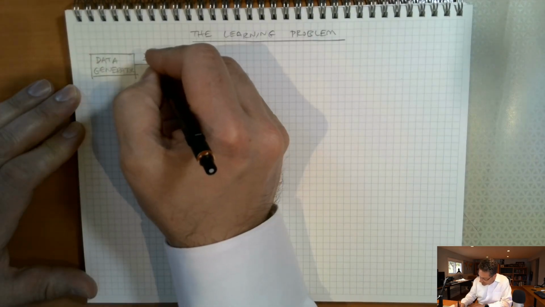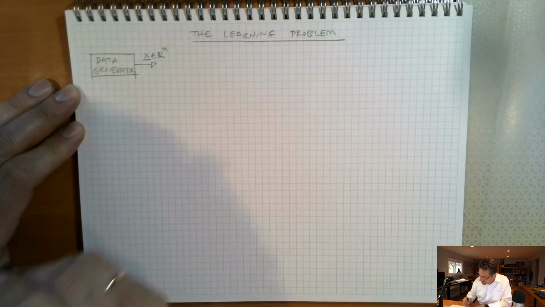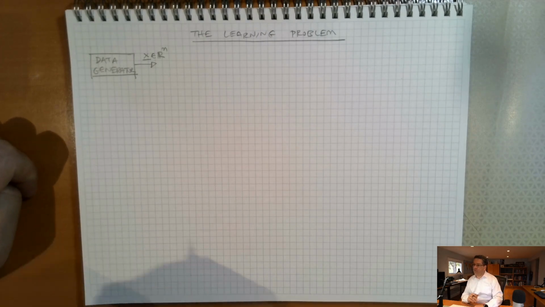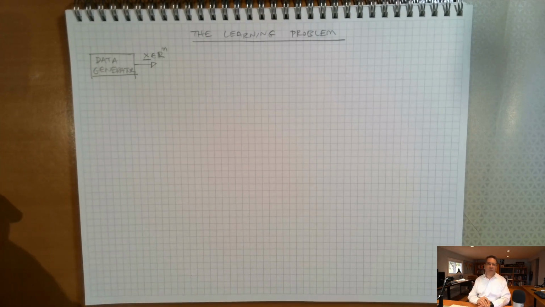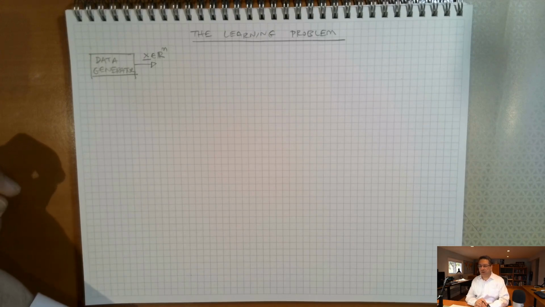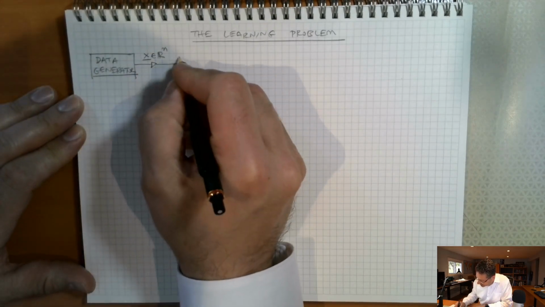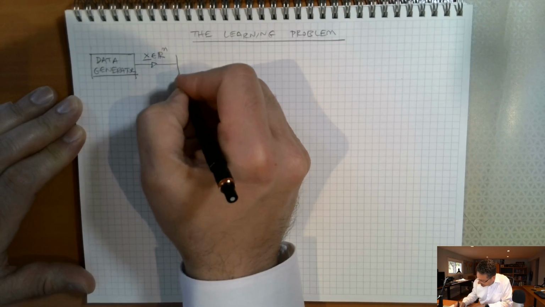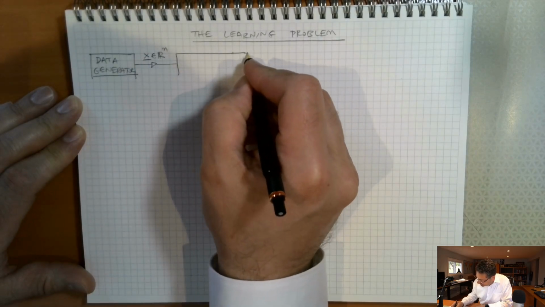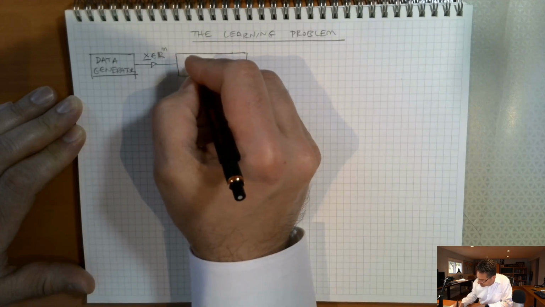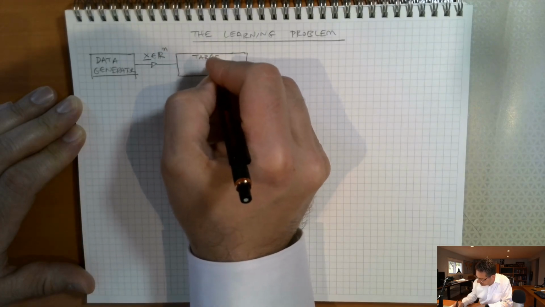And this underbar will indicate that X belongs to the set of real numbers to the power of n. That's a common notation that indicates that X is, let's say, a vector with n elements.